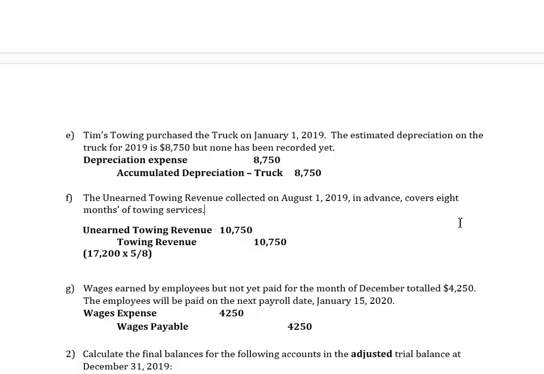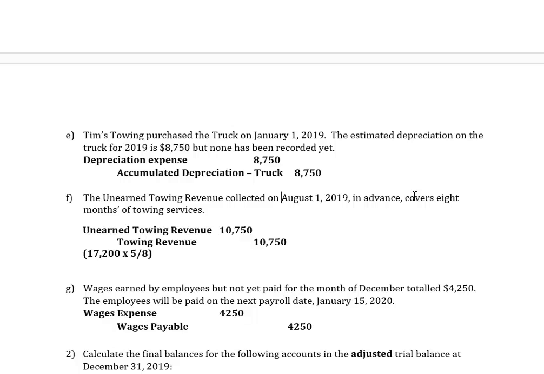We have to figure how much of that unearned revenue, which is a liability, we satisfied by providing services to our customers. Well, we provided services throughout the month of August because we collected the money in August, so we would have provided service for August, September, October, November, and December.